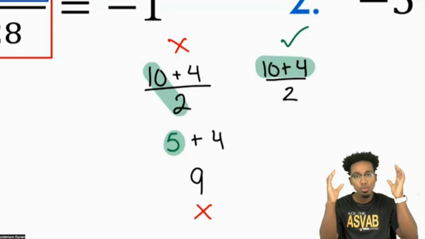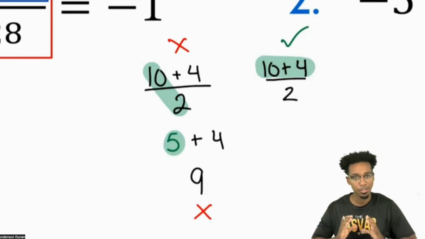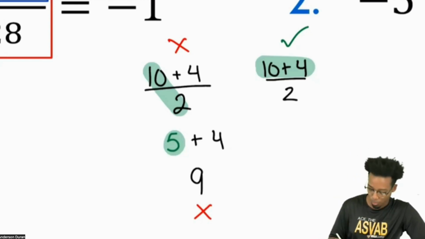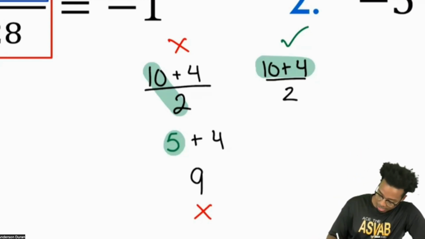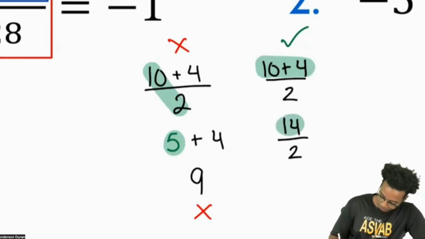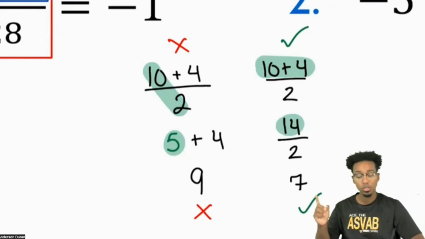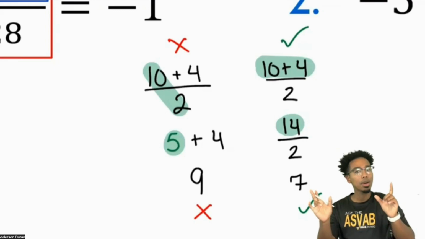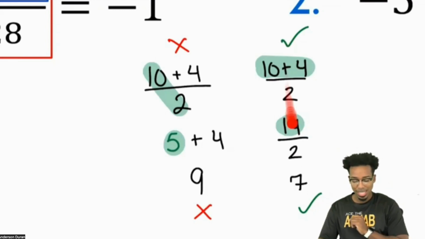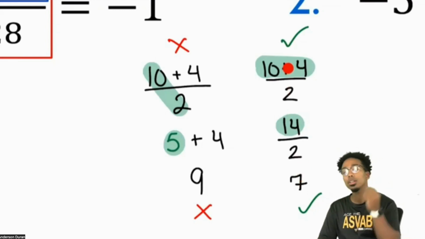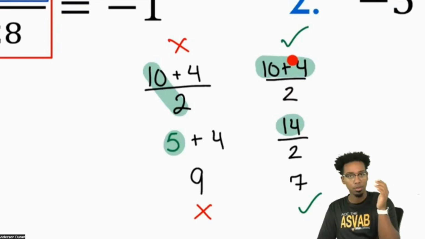It's the numerator divided by the denominator. So that numerator is 10 plus 4, and when you work on that, that'll be 14 over 2. And 14 divided by 2 is 7. That's the correct way to do it. So before I continue, everybody, do you understand that this is the correct way to interpret a numerator and a denominator in terms of a division problem?